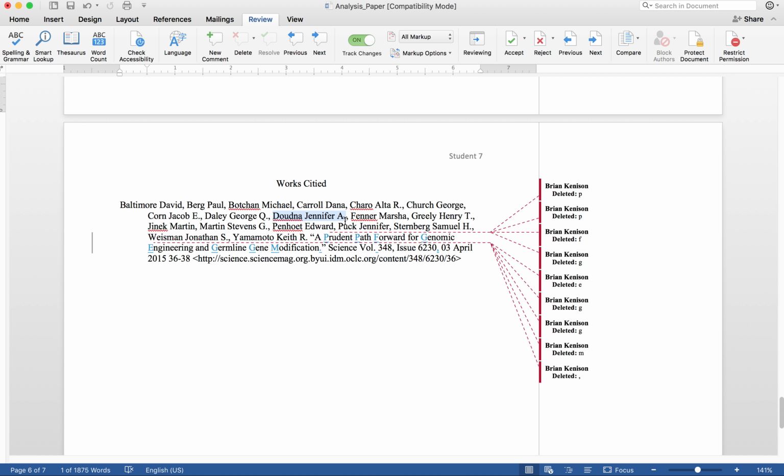Jennifer Doudna isn't even on the first line of those authors, and so my first question to the writer would be, why is she listed as the principal writer? And there can be a few reasons. If she's the one who did all of the research and everybody else was her research assistants, then of course she's the principal author. And as a courtesy, she's just listed the other people with her.